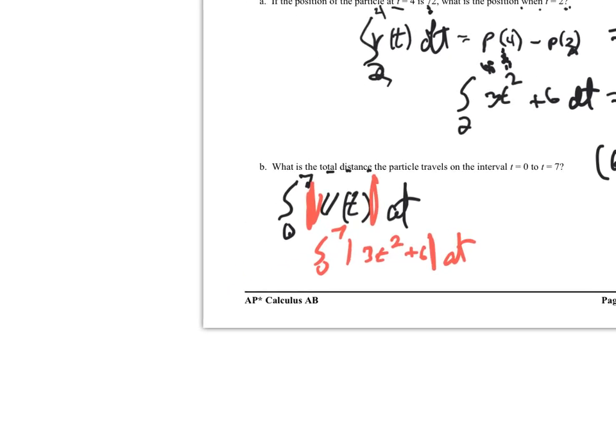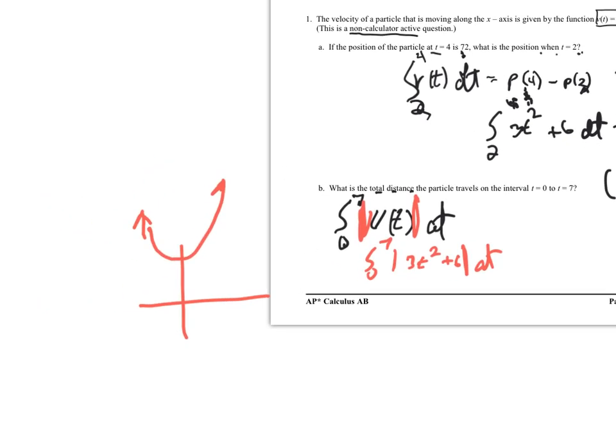If it's non-calculator, I'm going to be looking at this parabola. 3t squared plus 6 looks like this. I mean, the vertex is here. Does any of this function from 0 to 7 ever go underneath the axis? No.